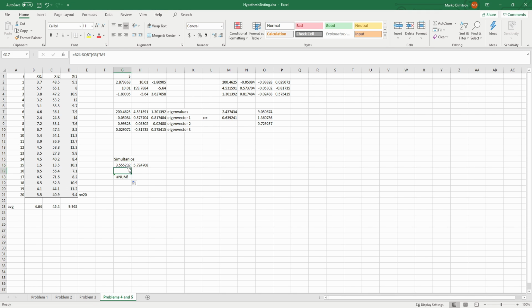The same way we need to do for our second, so x2, S22, and our c, and for our third, S33. This is what we get for our lower limits, and for upper, we just need to move everything and type plus.